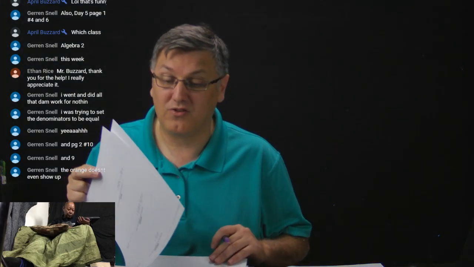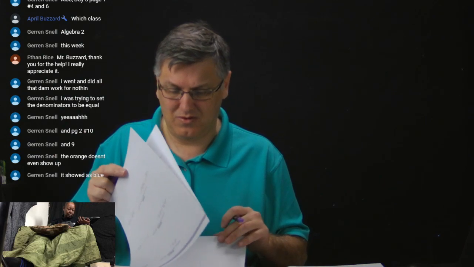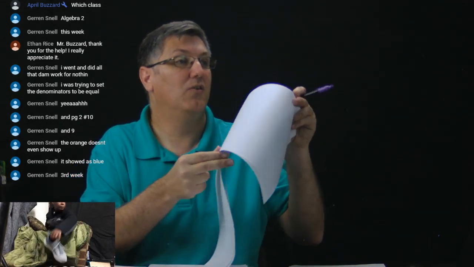There's not 9 problems on page 2. Page 2, number 10, 9. There's not a page 2 on this week. Because the page 2 of this week only goes to 6. Oh, you're saying that the orange shows up the color because of the LED lights. The colors. Oh, yeah. And then the next one only has 4 problems. Third week. Week 3? Pretty sure that's what I'm on. Yeah, I'm on week 3. What day? Week 3, day what?